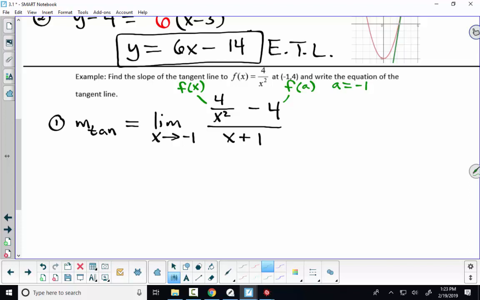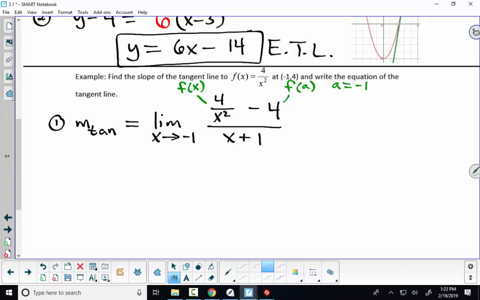Four over x squared plus 4? If we multiply by the conjugate of the numerator, we're not going to get rid of the x squared in the bottom. In fact, that would give us an x to the 4th. Would you just find the lowest common denominator and multiply it up with that?